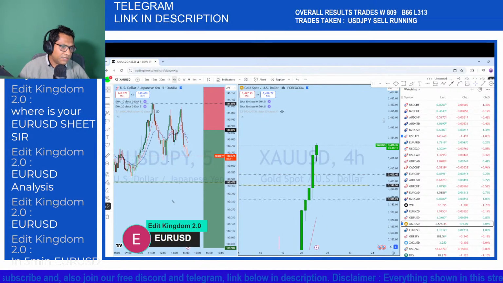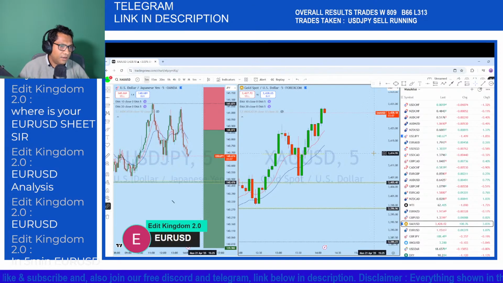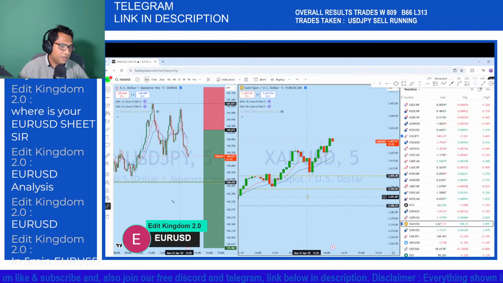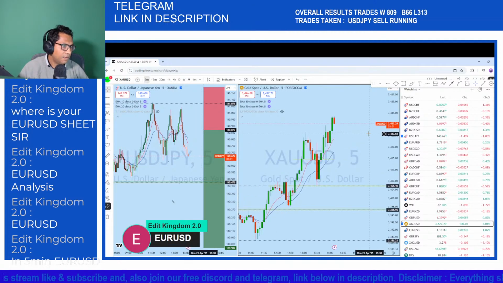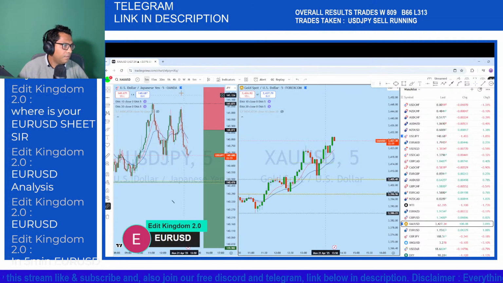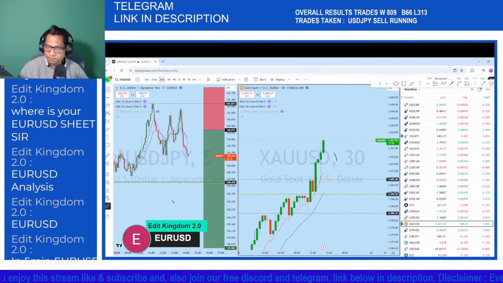Here we can see the XAU USD in this area where this is a bullish trend. Okay, so this is the 30 minutes.